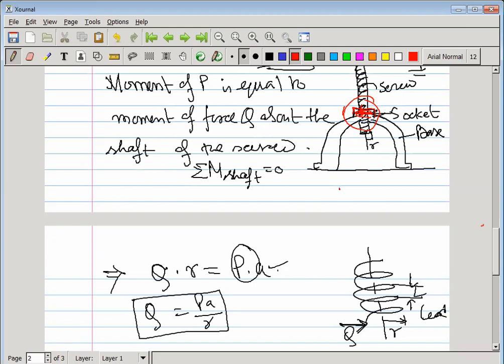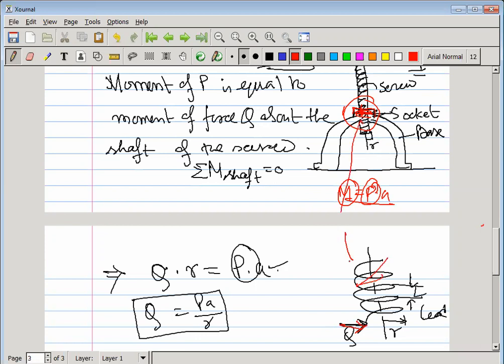So if it is, then due to the moment M equal to P into A, due to this force, there is also some reactive force generated. That is the Q, which is acted on the screw thread. This is the screw thread, an enlarged view of this one.